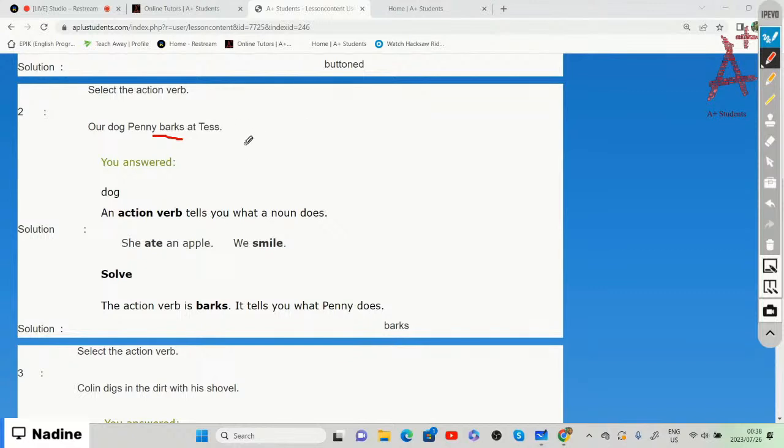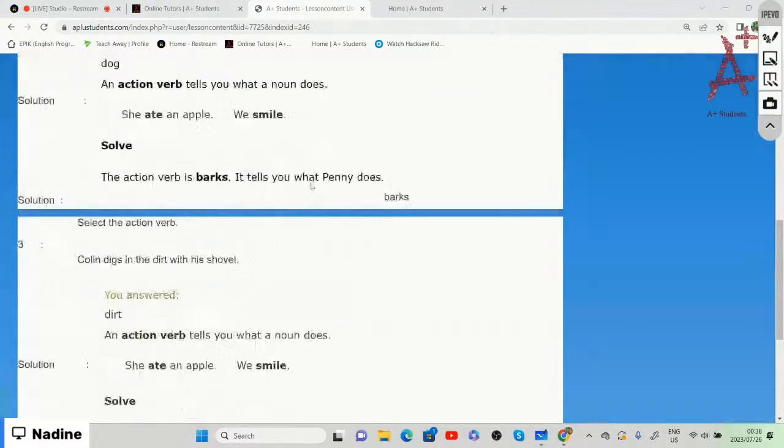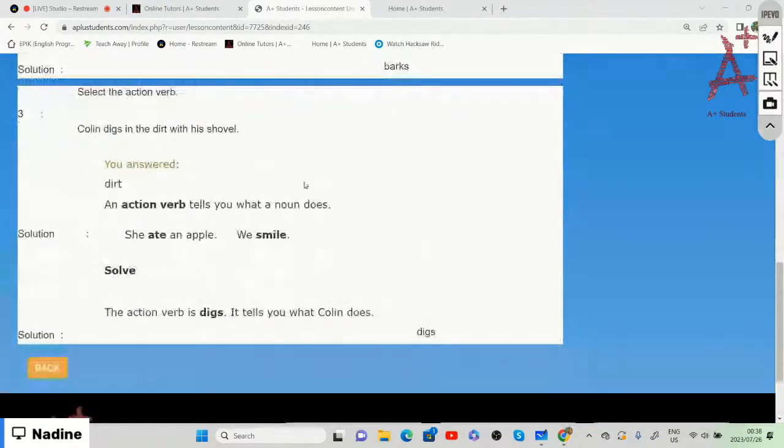So what does the dog Penny do? He barks at Tess. So barks is our action verb that tells us what the dog Penny does.